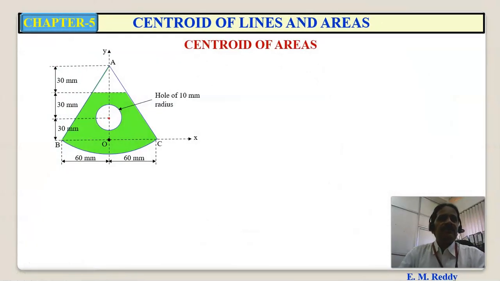So this is the given figure. Now I will divide the given figure into three parts. So part 1 is the sector of a circle. 2, triangle.